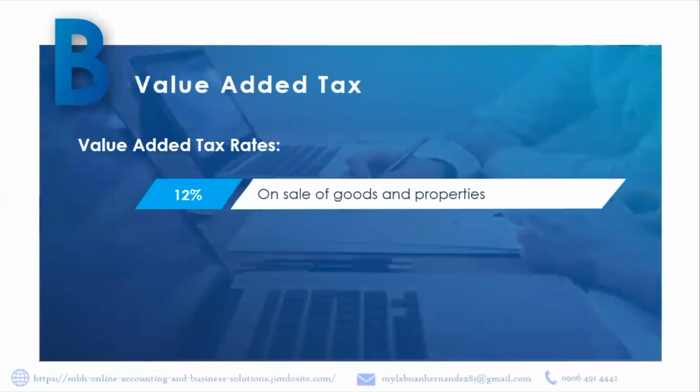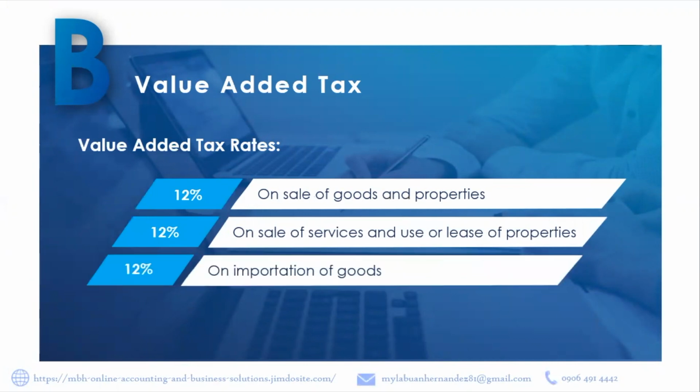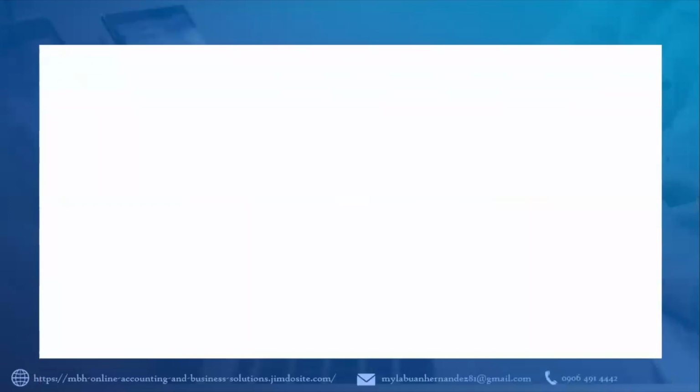For the tax rates, 12% is imposed on sale of goods and properties, 12% also on sale of services and use or lease of properties, and the same with importation of goods. On export sales and other zero-rated sales, 0% is imposed.